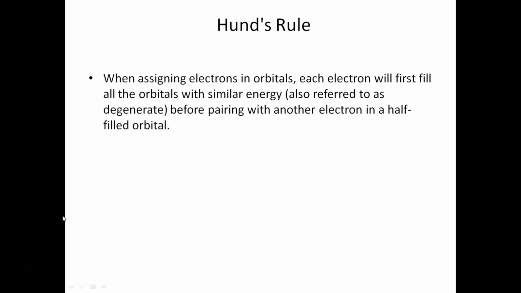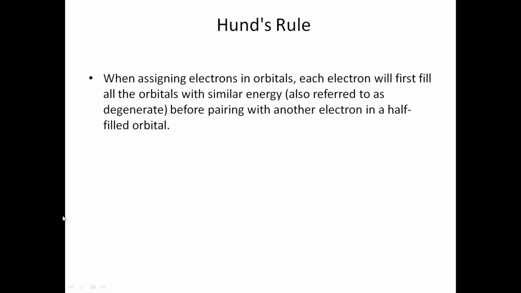Another thing that we have to keep in mind when placing the electrons, in particular in our horizontal energy diagrams, at the orbital or ml value level, is that orbitals of equal energy will each get one electron before we place a second electron in that orbital.